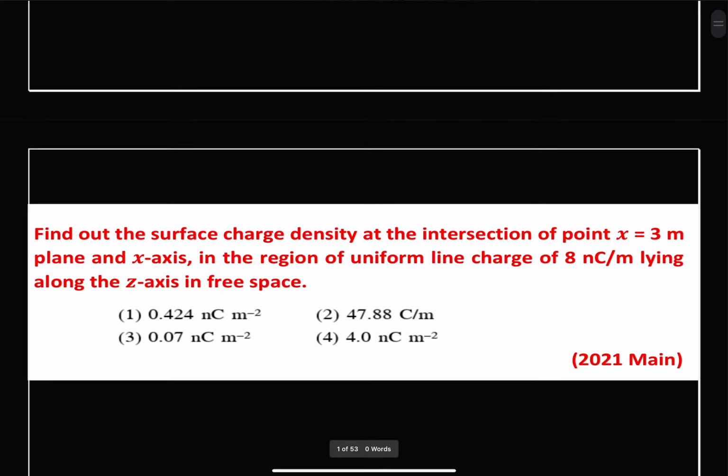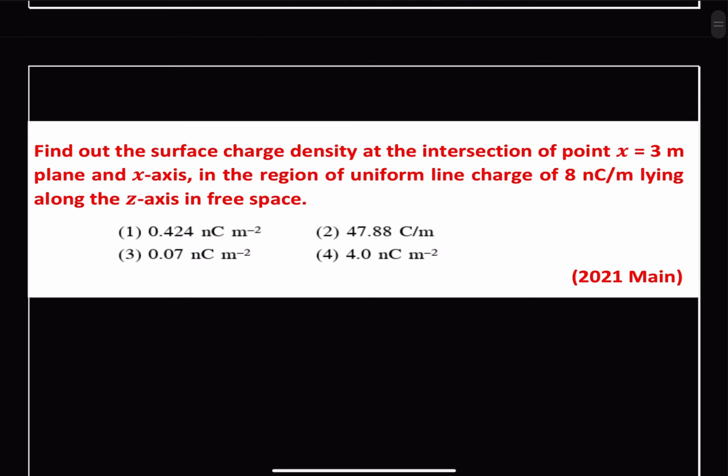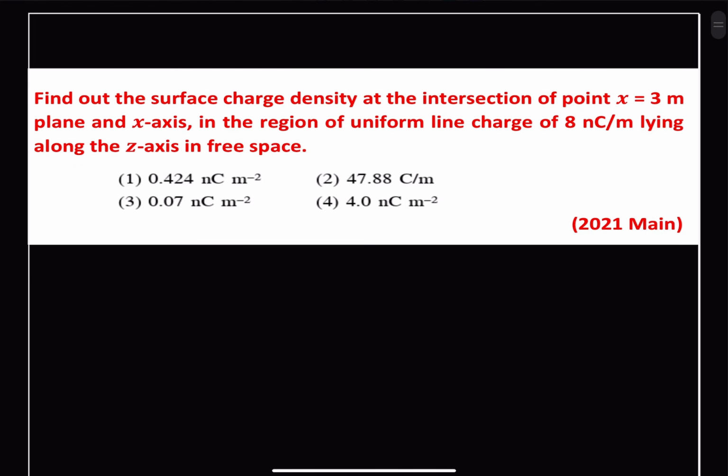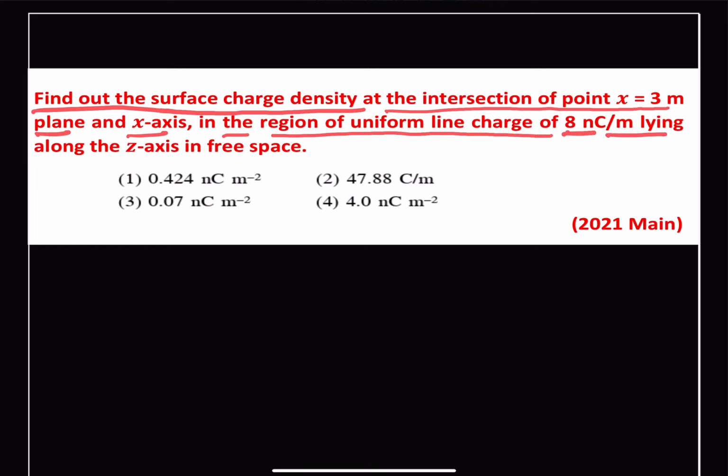So first question: find out the surface charge density at the intersection of point x equal to 3 meter plane and x-axis in the region of uniform line charge of 8 nanocoulomb per meter lying along z-axis in the free space.